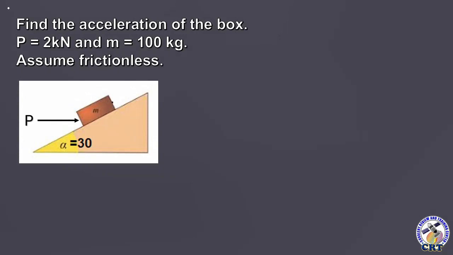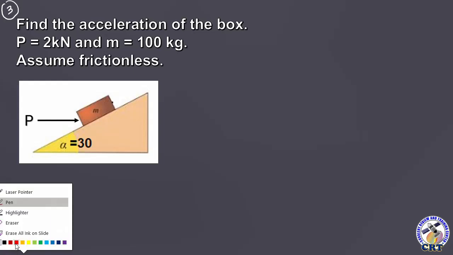Okay, for example number 3. So here in example number 3, it looks the same as the previous example. But take note, the force P is no longer parallel with the incline. This is at an angle with respect to the incline. Okay?